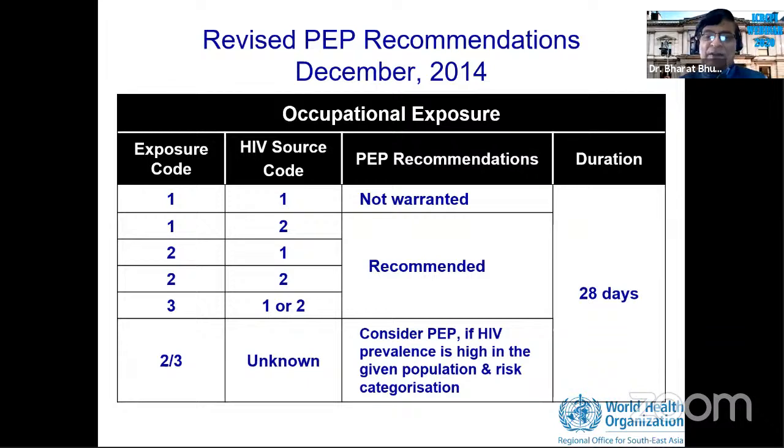Suppose this is a person coming to an ART center, such as at the School of Tropical Medicine, Kolkata, or an ART center anywhere. The chances are high that the person will be positive. If it is a low prevalence state or district, with a prevalence of 0.04%, like in some states in northern India, the chances that he will be positive are less. So we have to see the prevalence in the population, do risk categorization, and provide PEP.